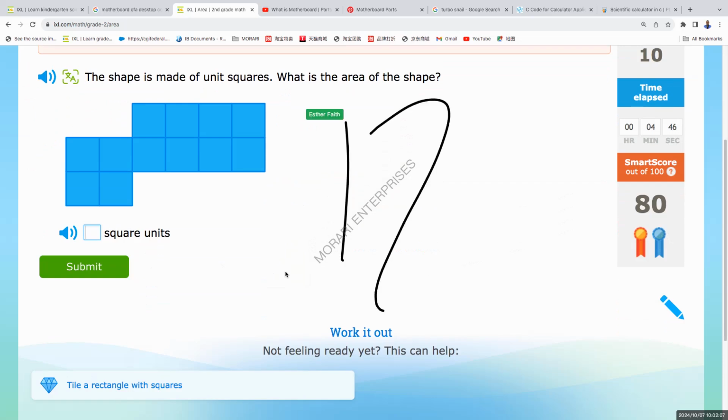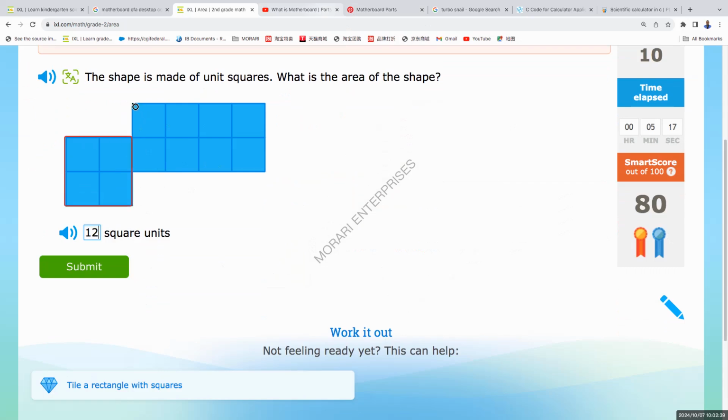Twelve square units. So you see that this area is not for a rectangle, but a shape with many sides, a polygon, but we can break it down into 2 groups. First group is this one, and the second group is this one. And you see that it will be 8 and 4, which is 12.